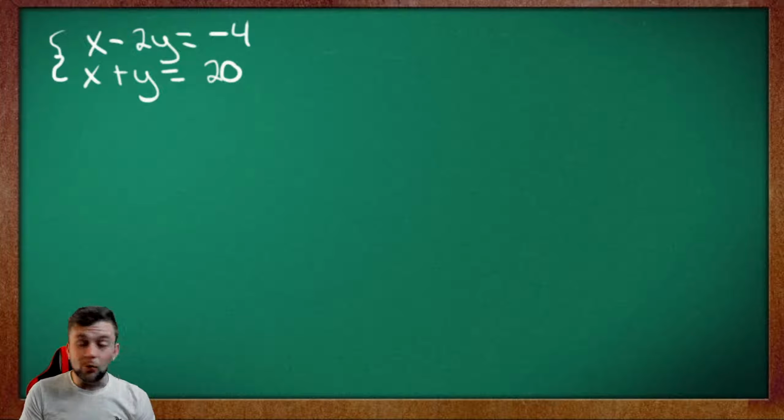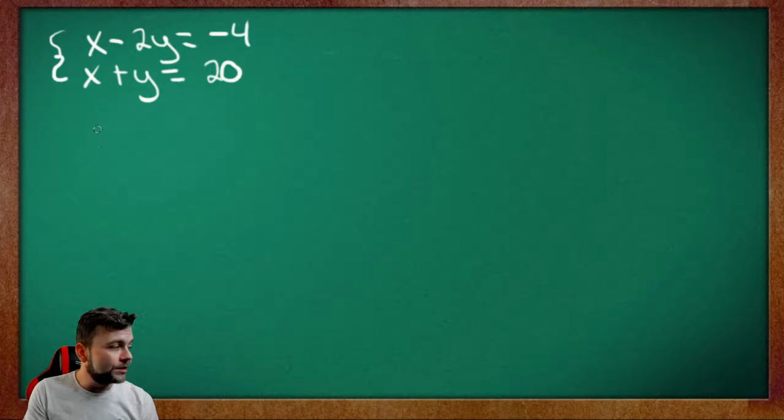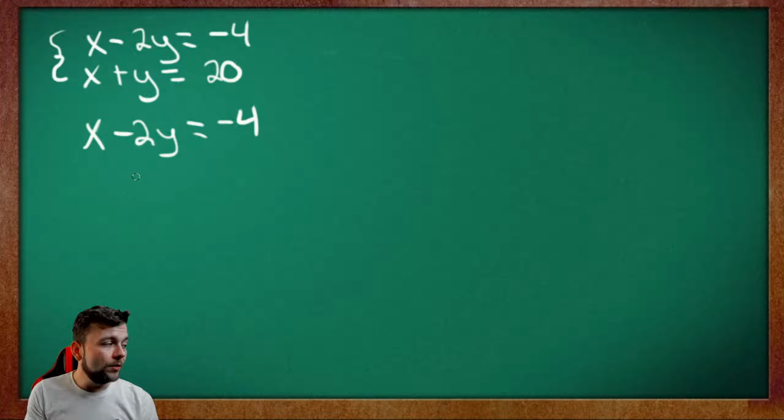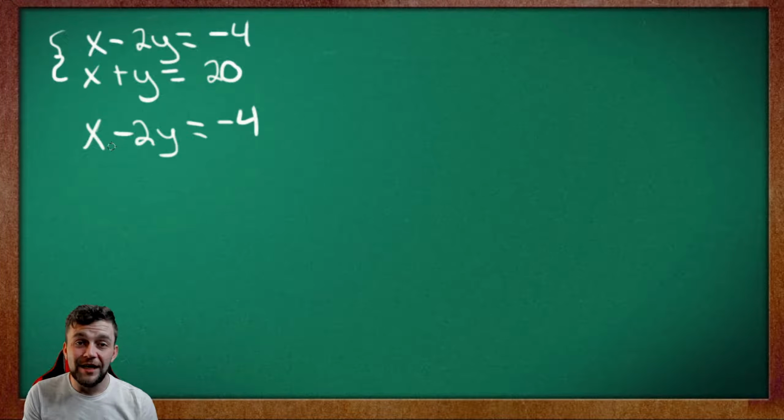Then I'm going to rewrite this top equation to where it's x minus 2y equals negative 4, and we want this equation to look like x equals something. Okay, so how do we get the x by itself? Well, how do we isolate the x? What's happening to the x? 2y is being subtracted from the x.